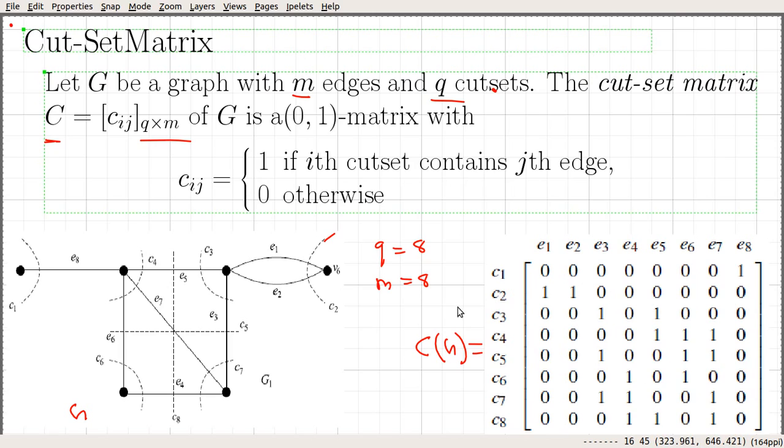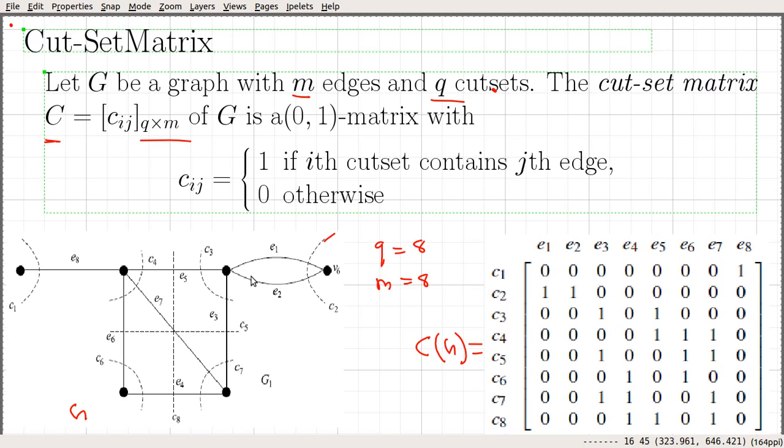So our cut set matrix is going to be an 8 by 8 matrix in this case. In general it would be q by m, where q is the number of cut sets and m is the number of edges in the graph. Here the rows are indexed by different cut sets and the columns are indexed by different edges.